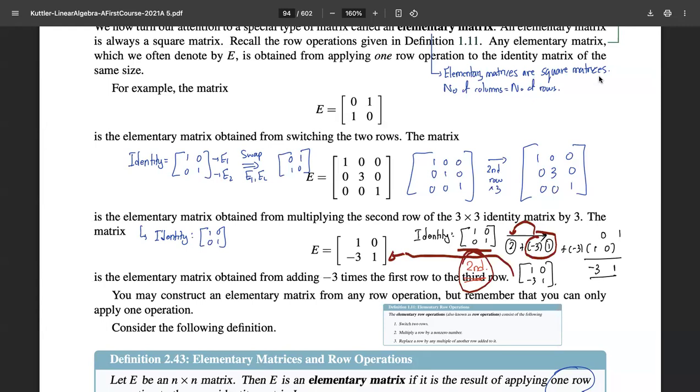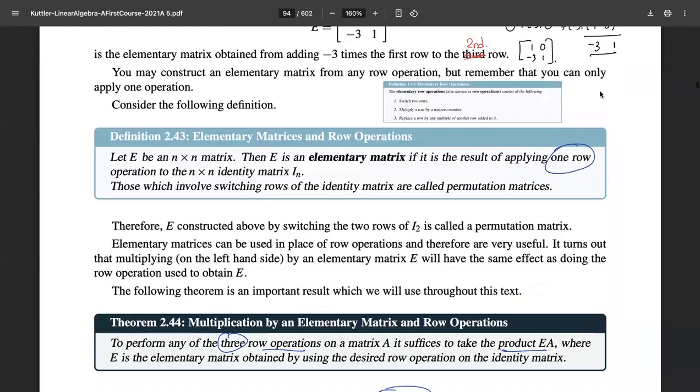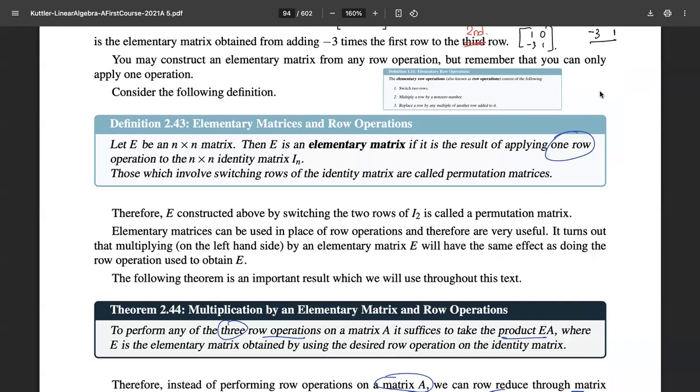So I've given you an overview of elementary matrices. We looked at 3 examples, each one of which corresponds to an operation that we have seen before. Now to look at the formal definition, let E be an n times n matrix.